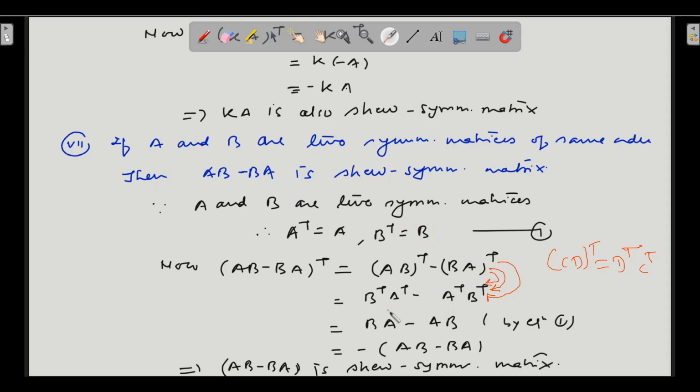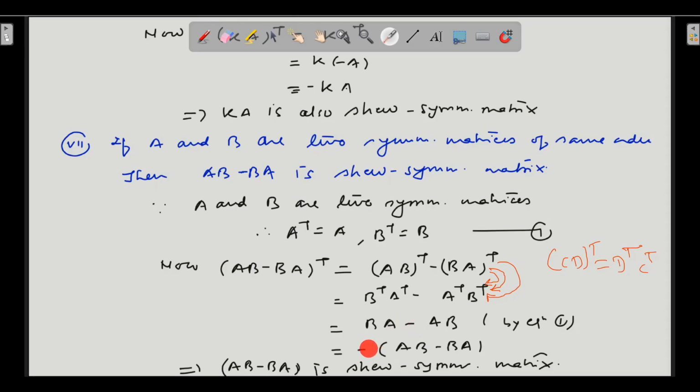Now B transpose is equal to B, so we have written B. A transpose is equal to A, so in the place of A transpose we have written A, by equation 1. Now let us take the minus sign common.